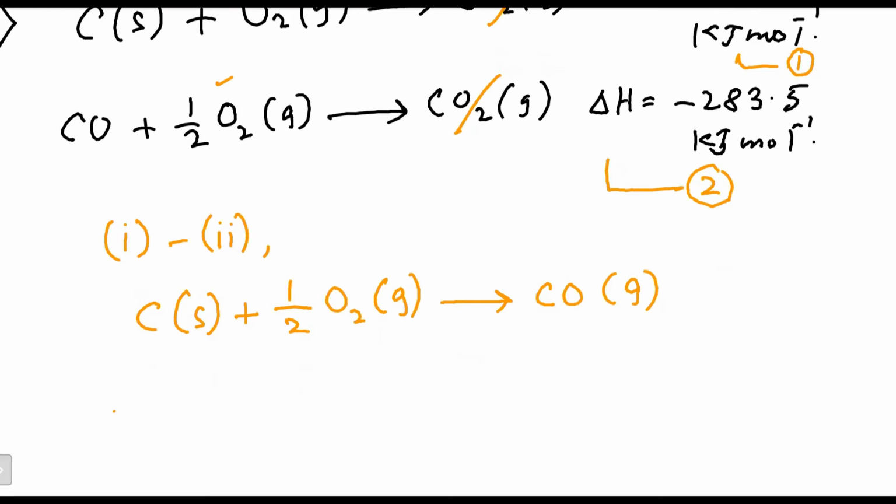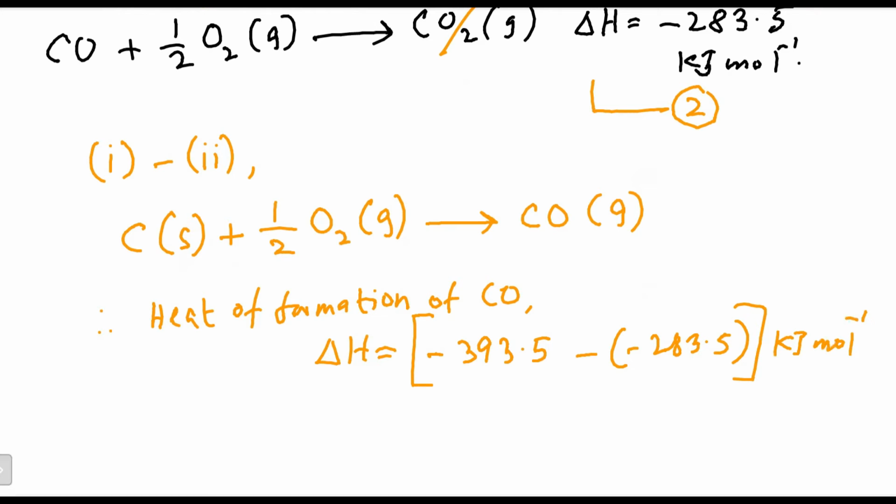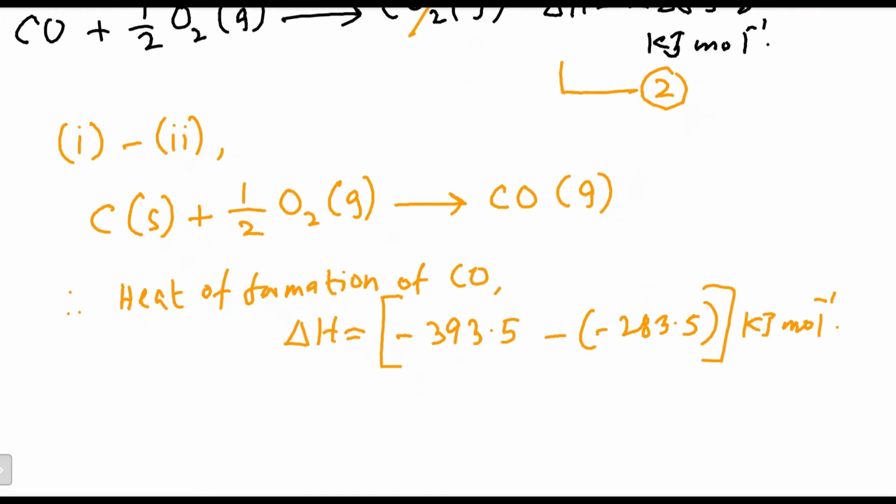What will be the value of the heat of formation of CO, delta H? It will be equal to minus 393.5 minus, of minus 283.5, kilojoule per mole, since I have done equation 1 minus equation 2.